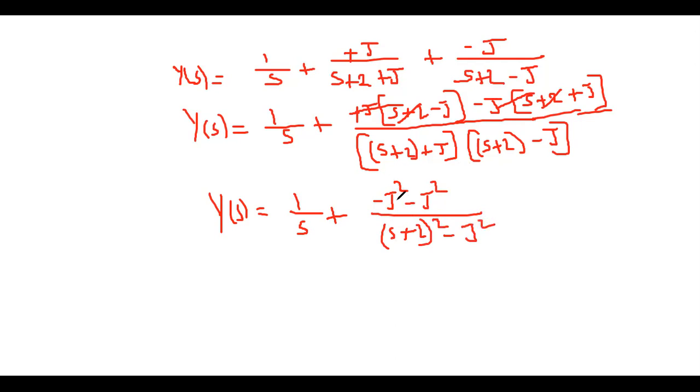What is j square? Minus 1. Minus into minus is a plus. Totally you'll get the 2. So Y of s is equal to 1 by s plus 2 by s plus 2 whole square. What is j square? Minus 1. It becomes 1 here.